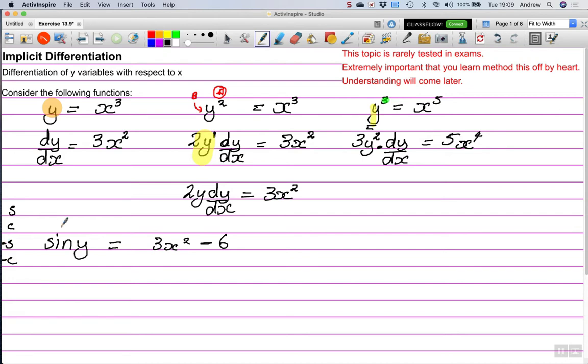The priority function is the sine. What's the secondary function? It is the y. When I differentiate sine, I get cos, and it's cos y. And then I multiply by the differential of what's inside, and the differential of y is dy/dx. It's equal to, multiply by the power, put the power down 1, and a constant becomes 0.